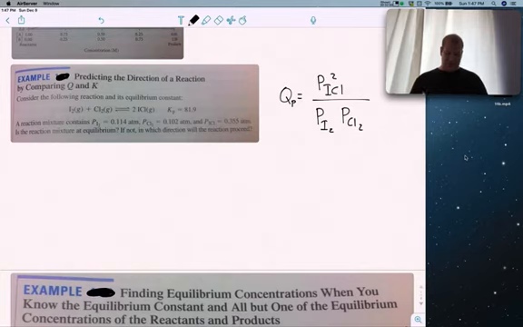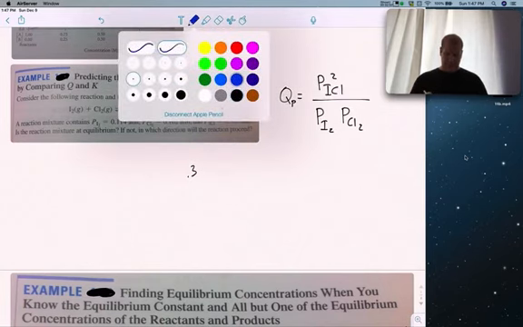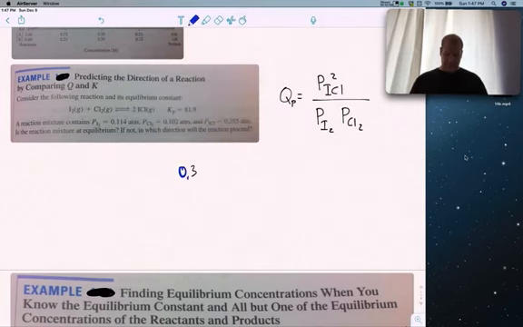So let's put in the numbers: 0.355 squared over 0.114 times 0.102.